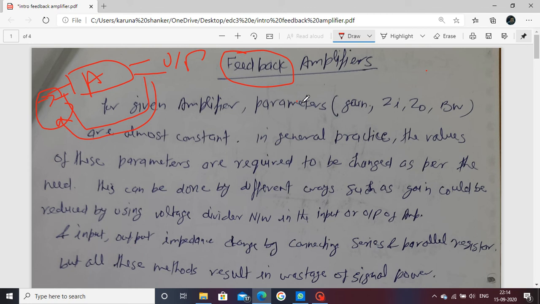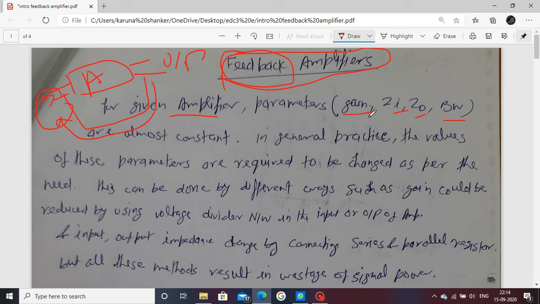You see on the next pages, overall you can understand feedback better using this direct block diagram. Now, what is the purpose of using a feedback amplifier? You see here, there is an amplifier. An amplifier has parameters such as gain, input impedance, output impedance, and bandwidth.